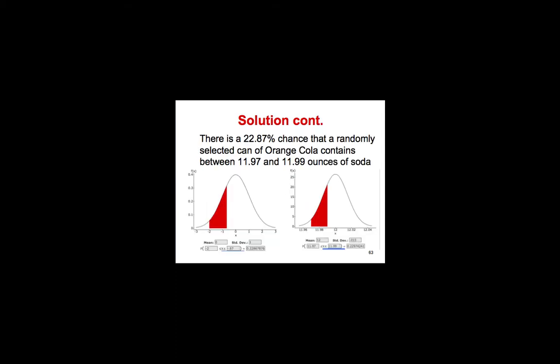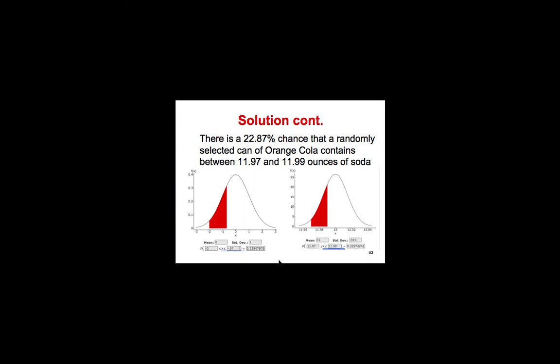And the next slide shows on the left my entering those z-scores, -2 and -0.67, on a standard normal curve with a mean of 0 and a standard deviation of 1, and coming up with 22.86% chance.